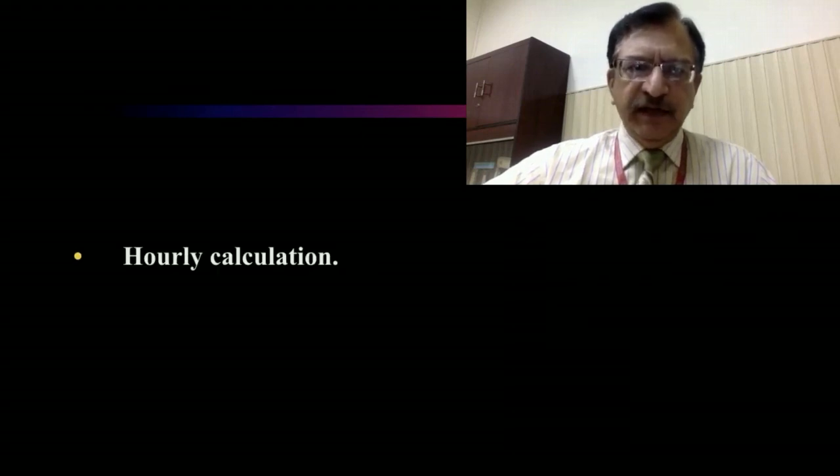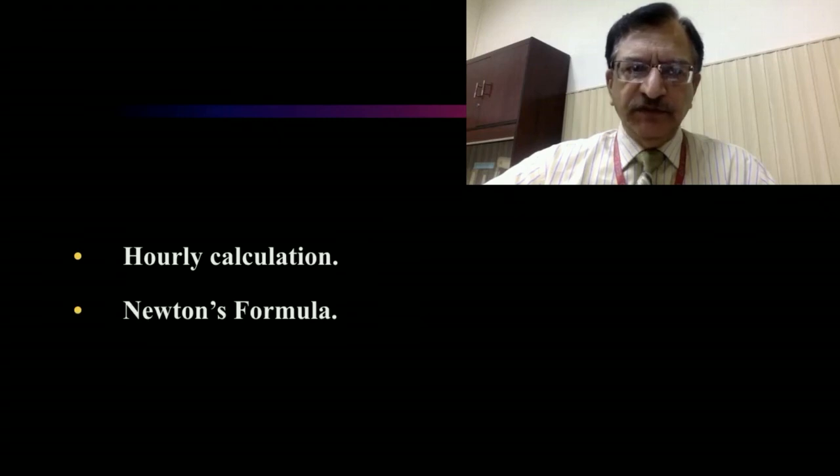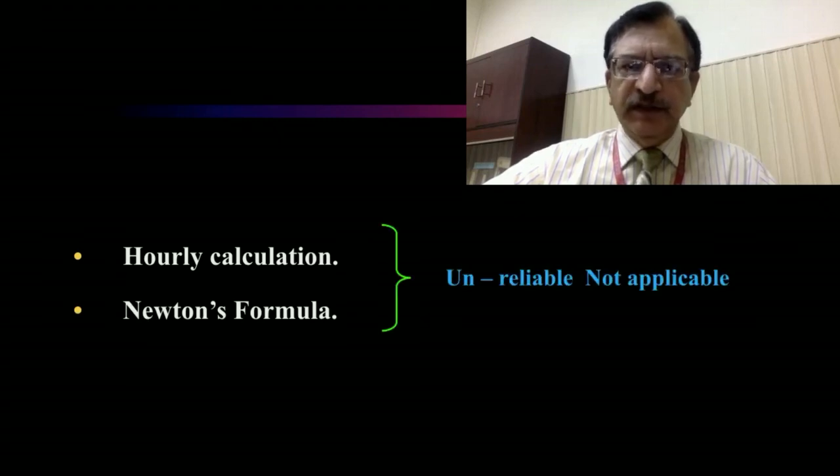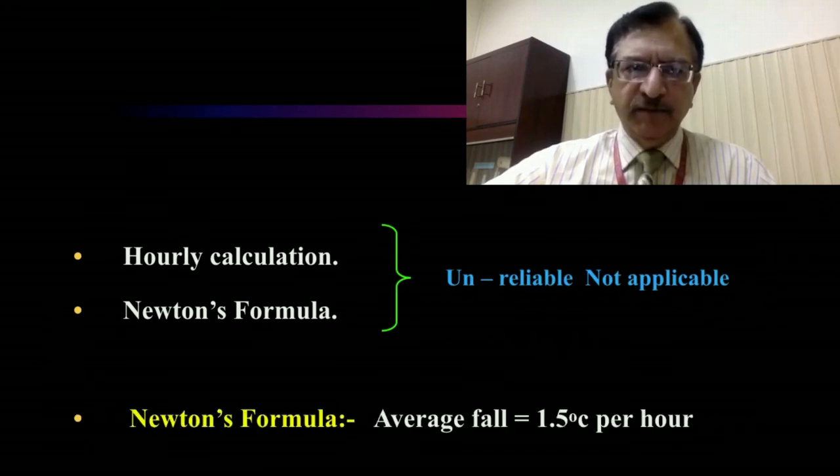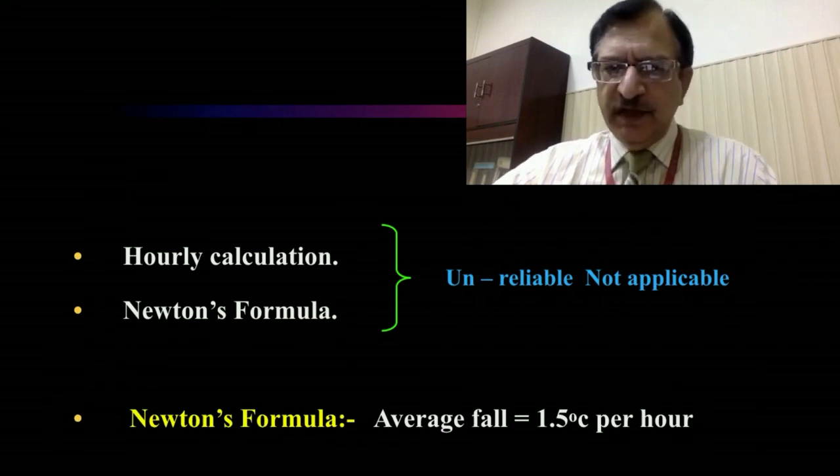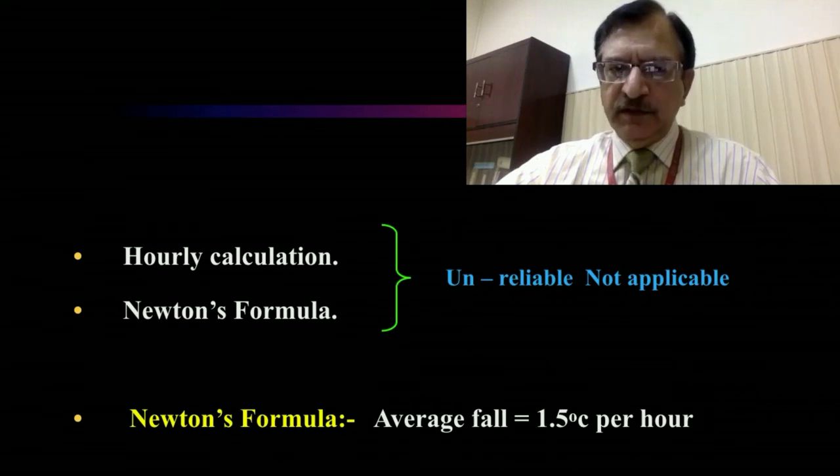The hourly calculation, Newton's formulae, are usually said to be unreliable and not applicable. Newton's formula is based on the average fall, which Newton estimated by applying various formulae, that the average fall is equal to 1.5 degrees Celsius per hour.